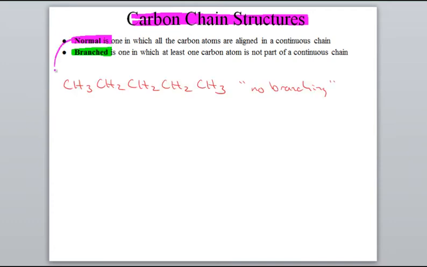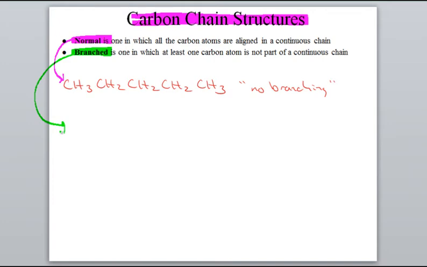When you have branching carbons, and sometimes they're a little hard to recognize, there would be a carbon atom in that chain of carbon atoms that's bonded to 3 or more carbon atoms. And let's give an example of that same molecule that we're eventually going to name that's on the same page as pentane.